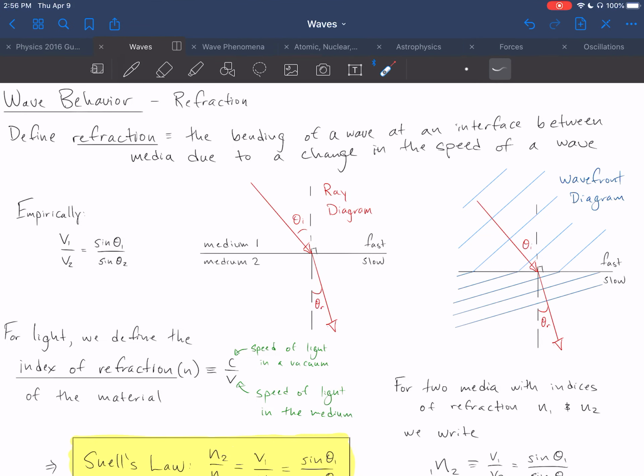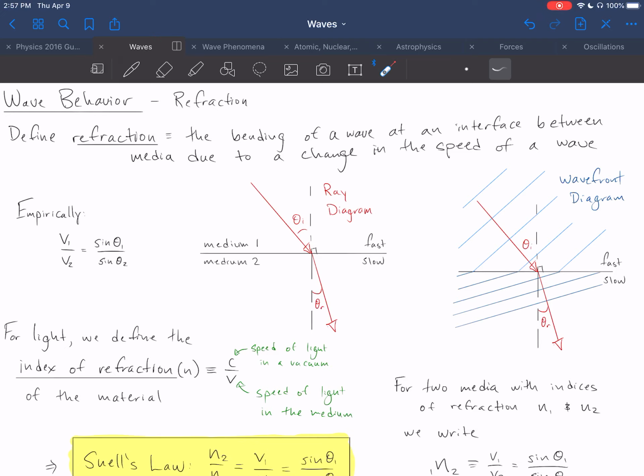This general phenomenon of refraction can be seen in the wavefront diagram as well. In truth, this is due to its wave properties and is perhaps better represented by the wavefront diagram rather than the ray diagram, but the ray diagram is much more succinct and is the usual way of representing refraction.